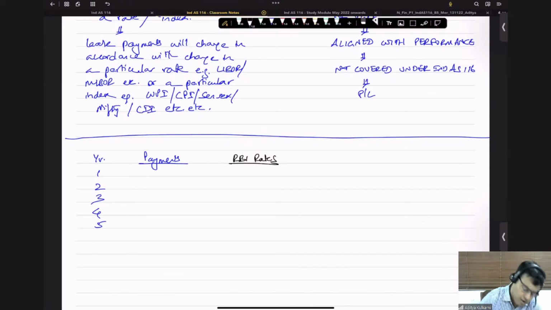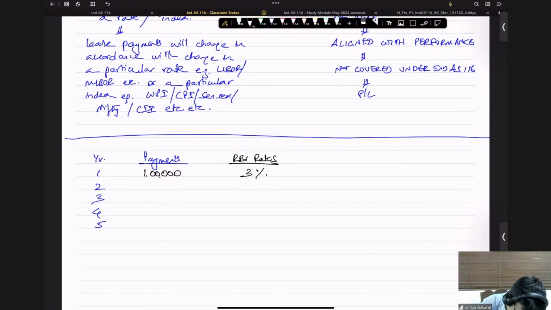In the first year the payment is going to be 1 lakh. That is what is there in your agreement. Suppose the RBI rate is 3% at the end of year 1.